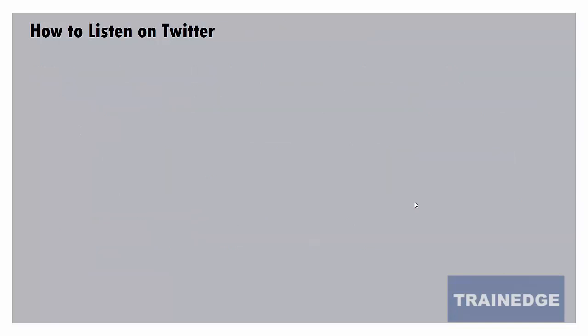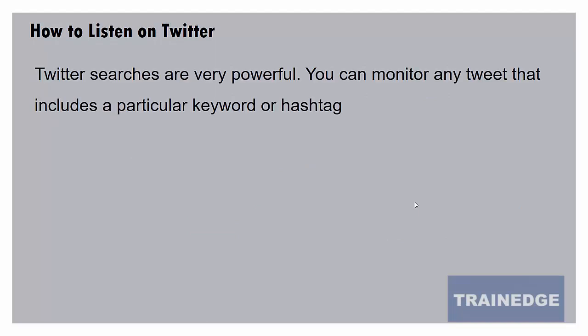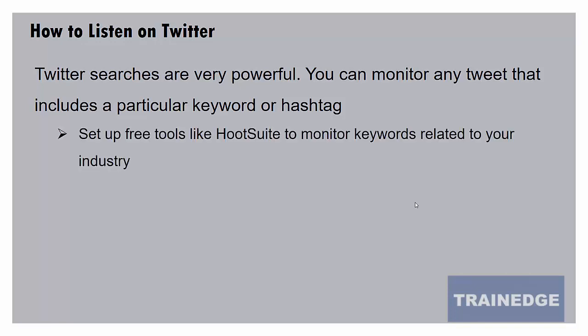So, how do we listen on Twitter? We can monitor any tweet that includes a particular keyword or hashtag. So, you can search Twitter to find out what people are saying. We can also set up tools like Hootsuite to monitor keywords related to our product or industry.